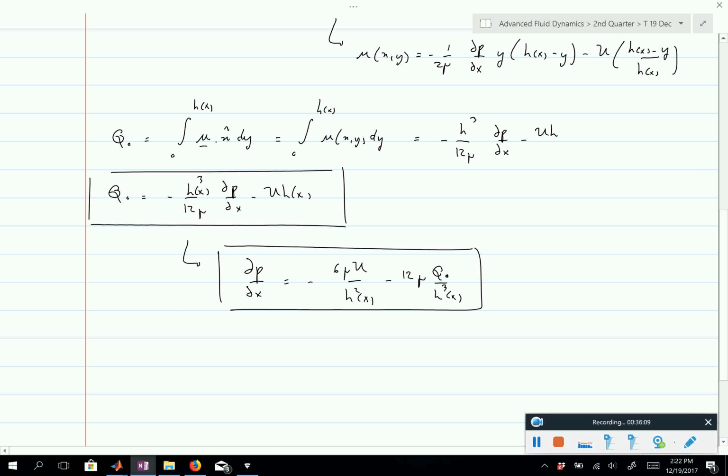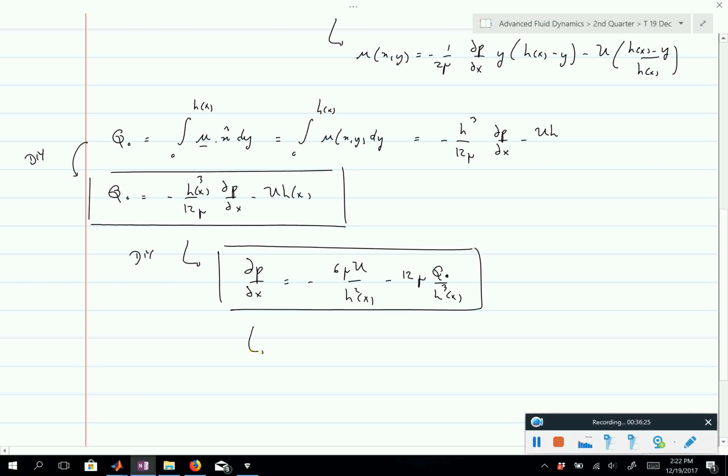Now I'm not going to do the integral again. This is from here to here. You have to do it. This is one integration step you have to do. This is just inverting. This is easy.